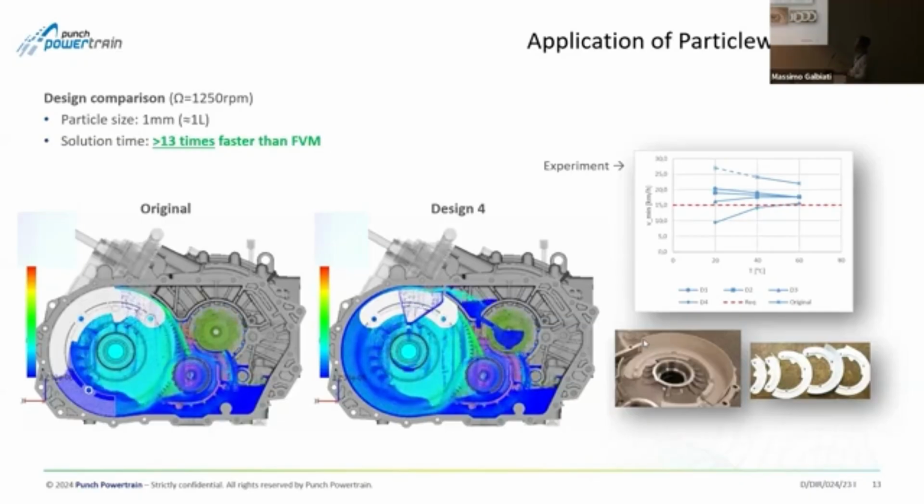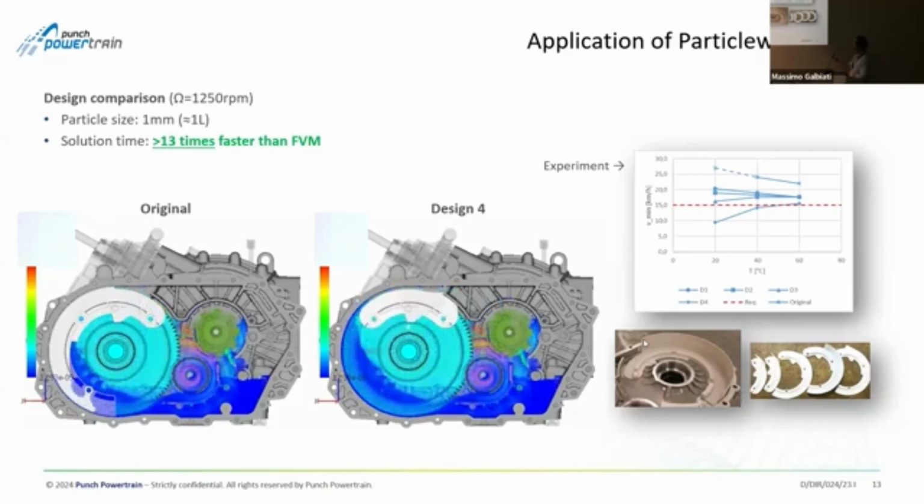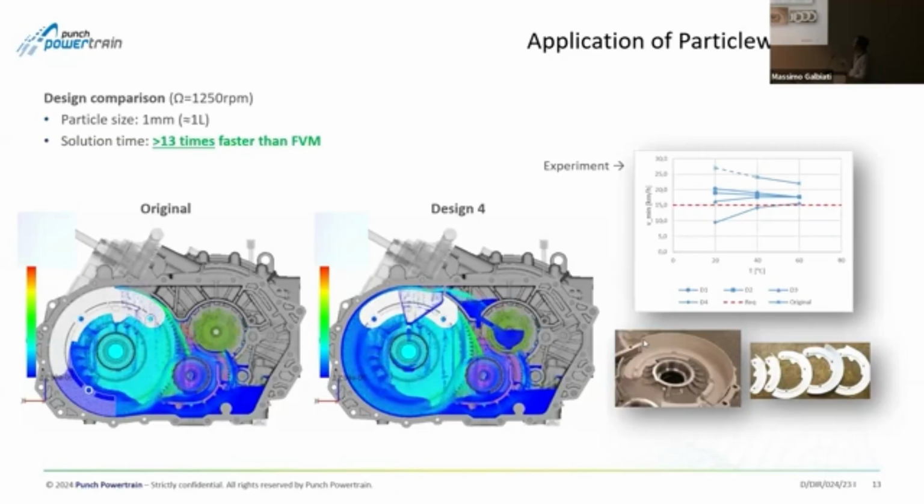So here we demonstrate, I didn't put all of them, but I have the original design 1, 2, 3 up to the 4th. We concluded that only design 4 met the requirements of the vehicle speed in kilometers per hour.